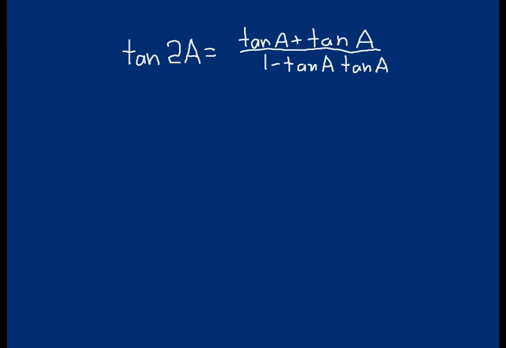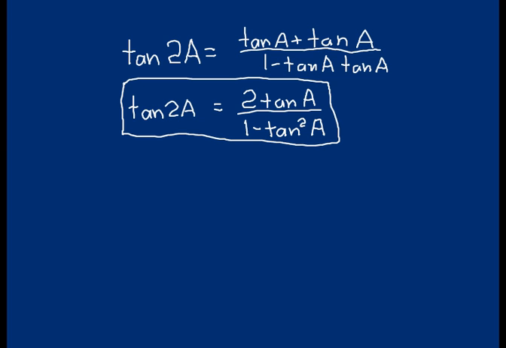Well, we already know what tangent A plus B is, so we could just say tangent A plus A. We could just say tan A plus tan A instead of tan A plus tan B over 1 minus tan A times tan A. And so we would just end up with 2 tan A over 1 minus tan squared A. And so there's our double angle identity for tangent 2A.